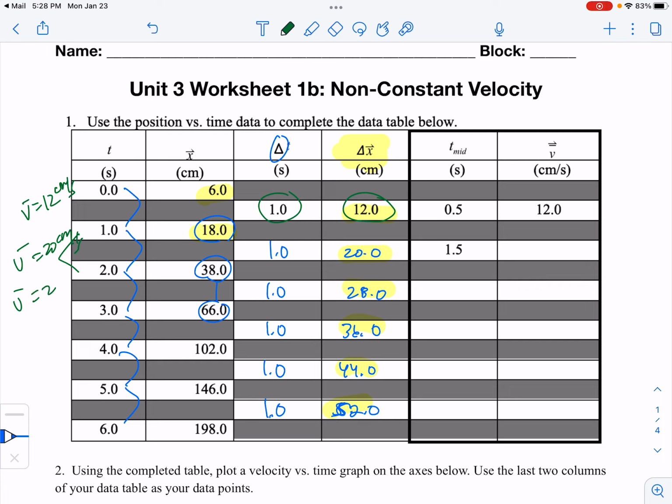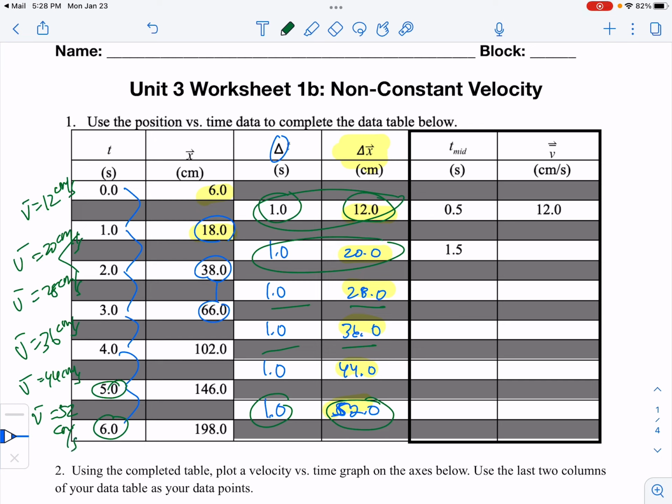So 28, because it's 28 centimeters in 1 second, 36 in 1 second, etc. These values together tell me the average velocity in that interval. For example, in the interval from 5 to 6 seconds, it went 52 centimeters in that second, so my average velocity in that second would be 52 centimeters per second.